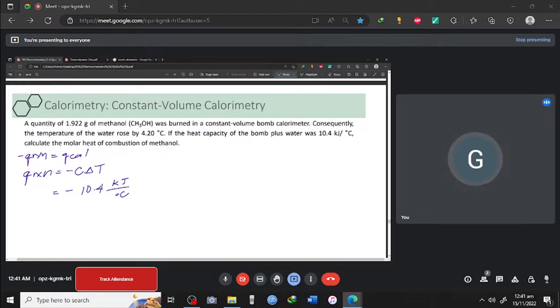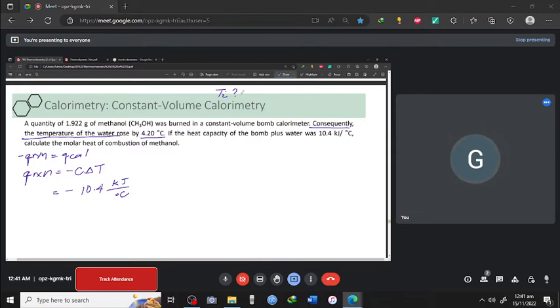Okay? Siguro, ngayon, nababasa nyo, hala, bakit iisa lang yung temperature? Hahanapin ko ba yung initial or hanapin ko ba yung final? Or vice versa, no? So, to answer that question, actually, yan na yung change in temperature. Kasi kung babasahin mo yung statement dito, sabi dito, consequently, the temperature of water rose by 4.20 degrees Celsius. So, for example, meron kang initial temperature, hindi mo alam kung ano yon.